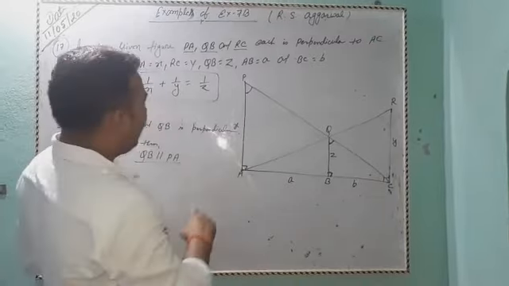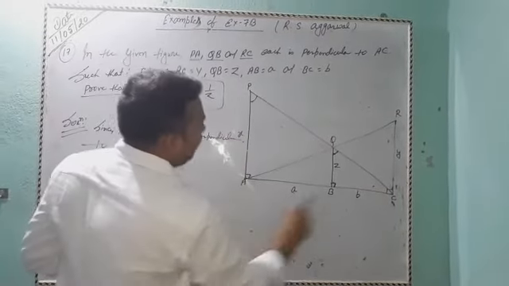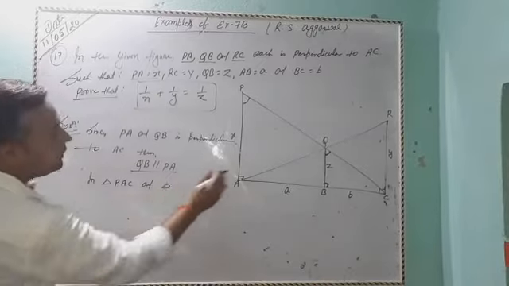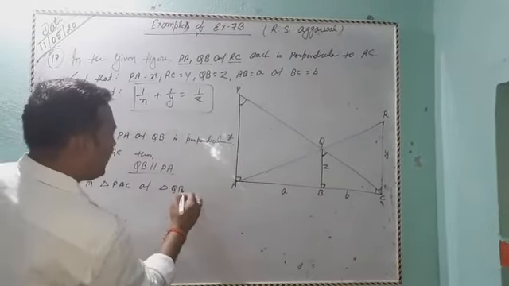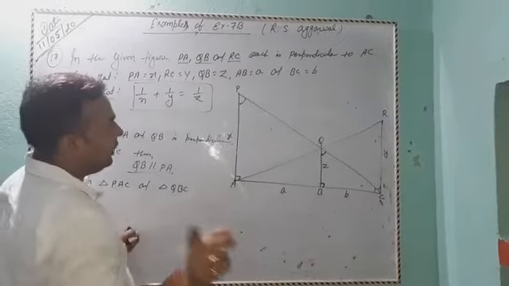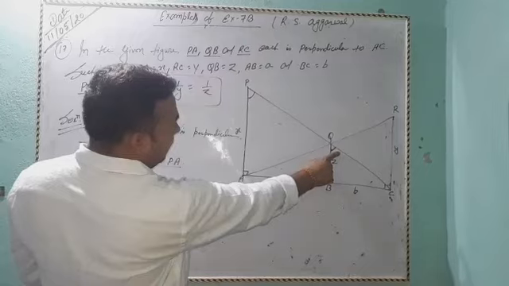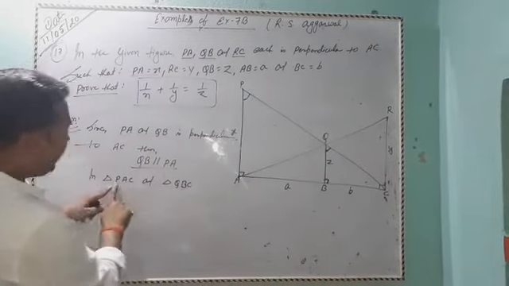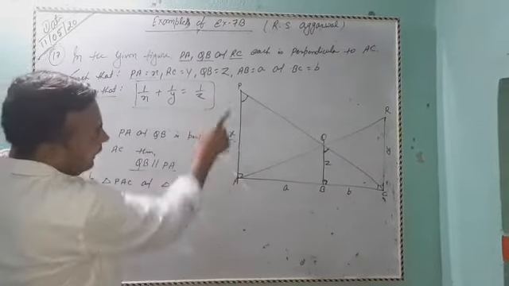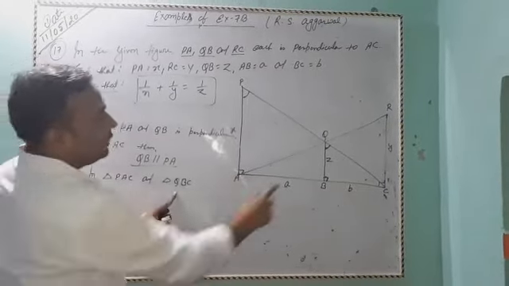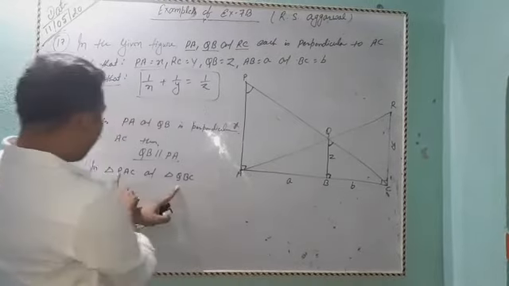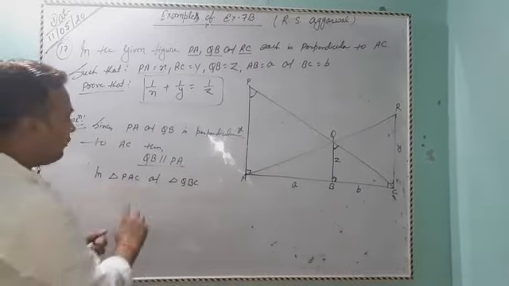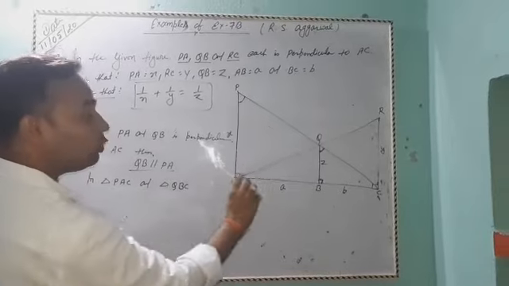So in triangle PAC and triangle QBC, angle P is equal to angle Q, angle A is equal to angle B, and angle C is common.